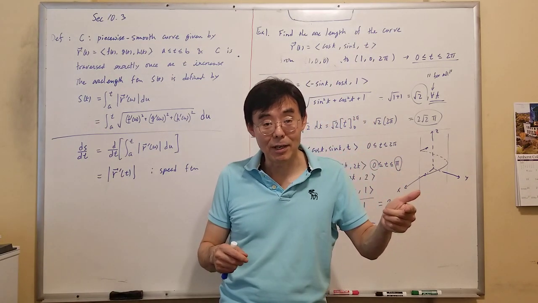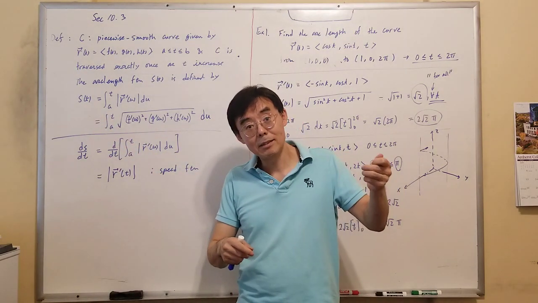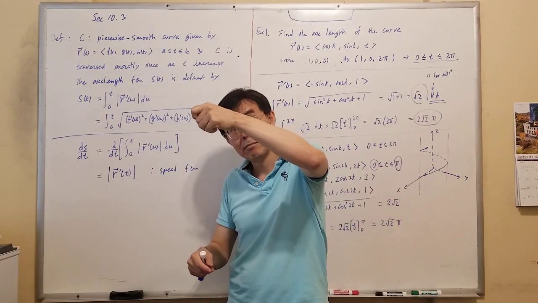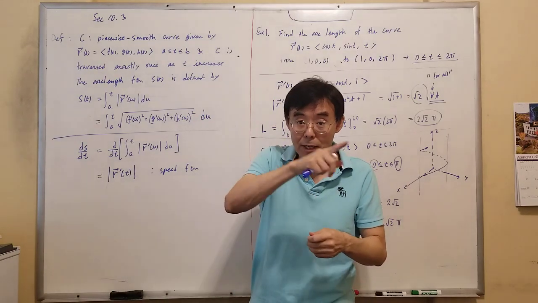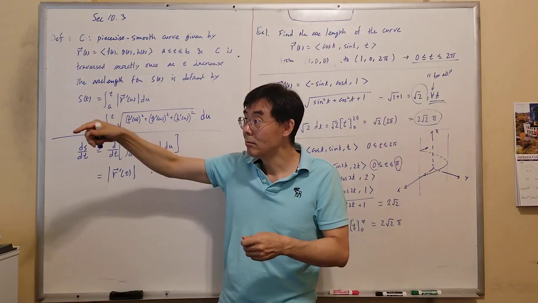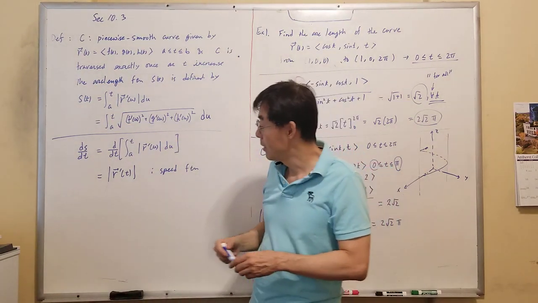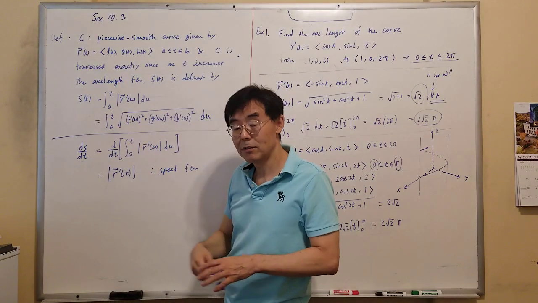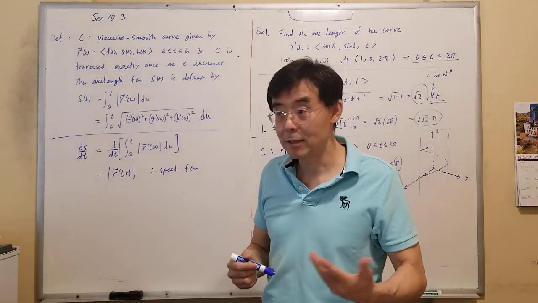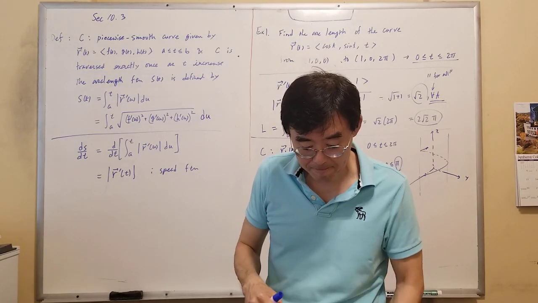If you keep covering 10 meters per second, your arc length keeps growing 10 meters per second, which means your speed is 10 meters per second. So the t derivative of the arc length function is nothing but the speed of the motion.